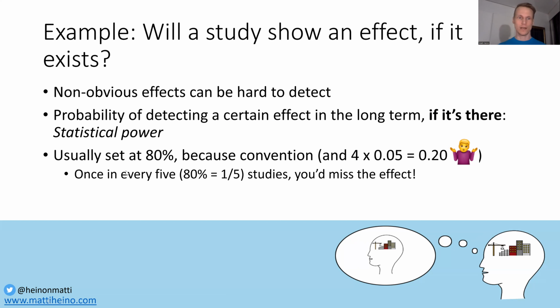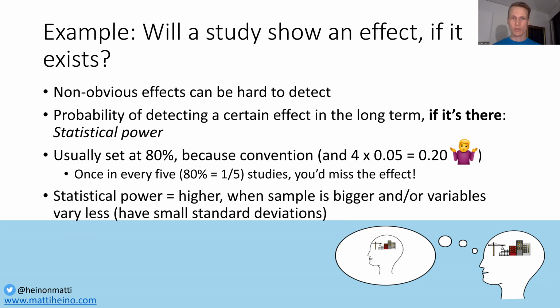So this means that if what you're studying is a real phenomenon, in the long term, every fifth study or analysis you do would end up concluding that the phenomenon is not real, and that you don't have an effect.